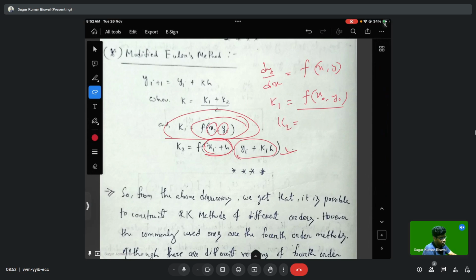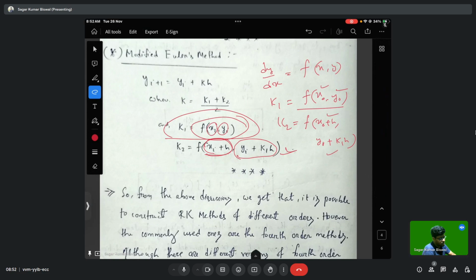From the initial point, it will be f of x0 plus h, and here it will be y0 plus this k1 into h. Right? In the place of x and y, just put these values, x0, y0, and x0 plus h and y0 plus k1h.